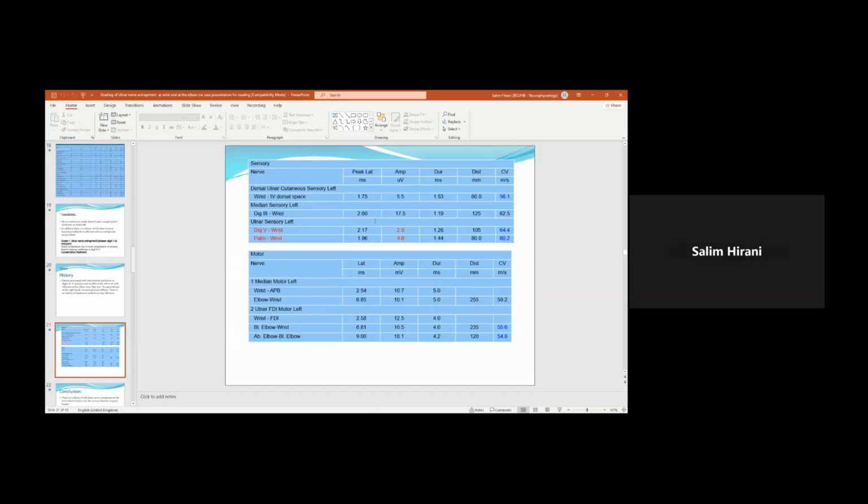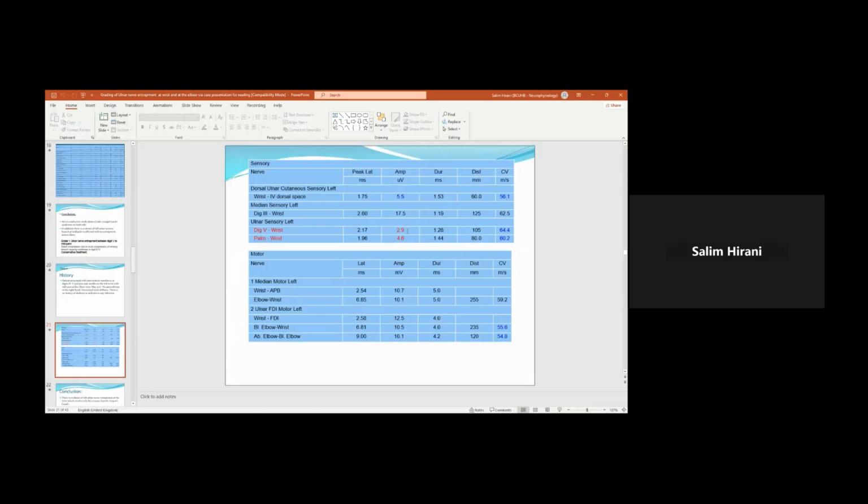So when we did the median nerve, it is normal. The ulnar, palm to wrist and digit 5 to wrist, shows low amplitude, but the dorsal ulnar cutaneous nerve shows normal amplitude with normal conduction velocities, which is shown in blue. Ulnar nerve: distal latency normal, amplitude normal, and conduction velocity also normal.